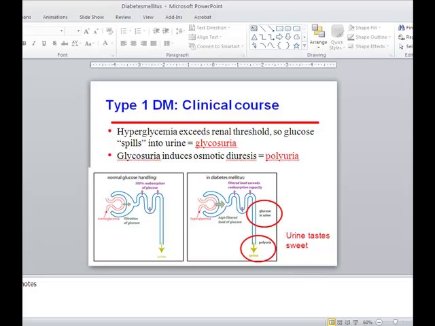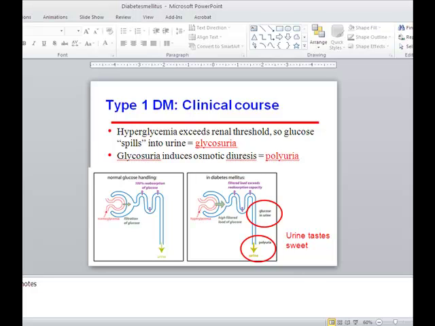So once you have hyperglycemia, the amount of glucose that is filtered in the glomerulus also increases. In a normal individual, almost 100% of the filtered glucose is reabsorbed by the body. So there is hardly any glucose excreted in the urine for somebody who's in glucose balance.